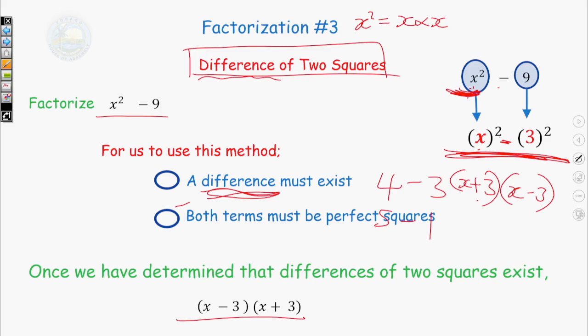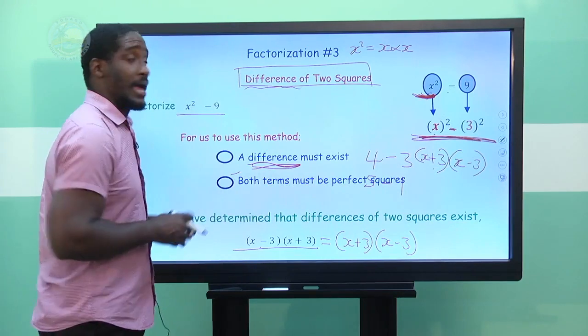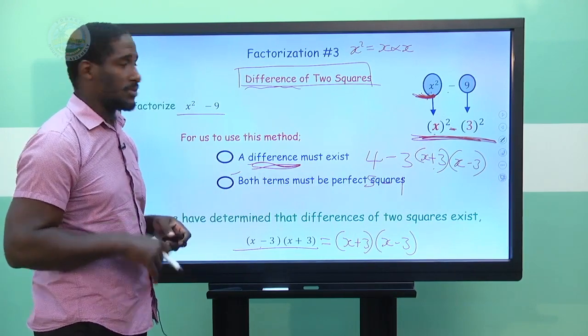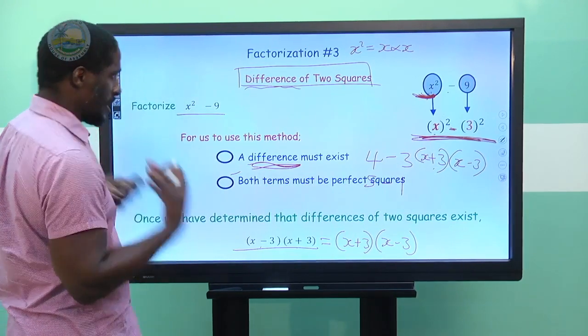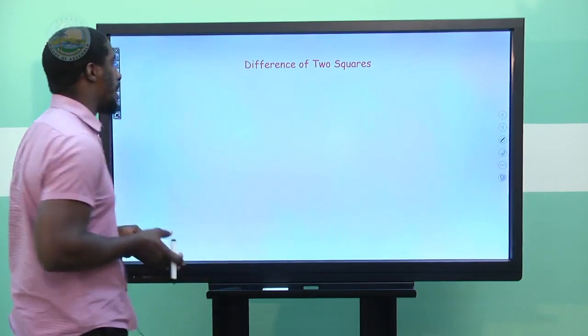So x minus 3, x plus 3 is the same as x plus 3, x minus 3. It's the same thing. Yes? Again, if you can't recall what is meant by the commutative property, please check one of our previous videos and you would see a full explanation on the commutative property.